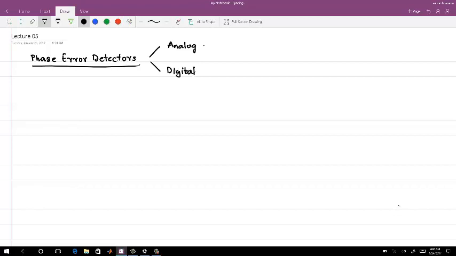And within analog, the one which you have seen is the multiplier. Then there is another, the sample and hold. We will see what are the pros and cons of each and where we can use either of them.